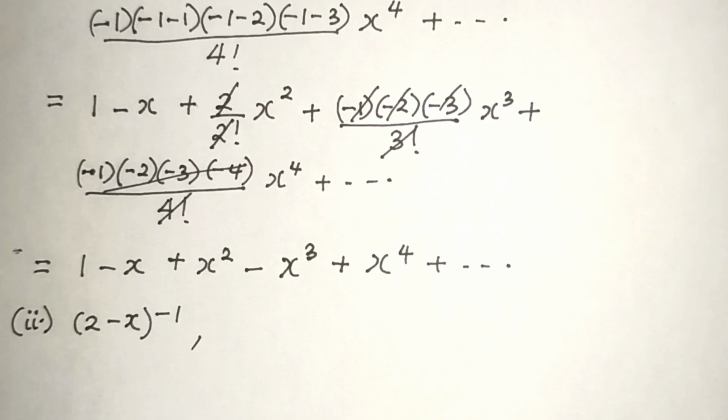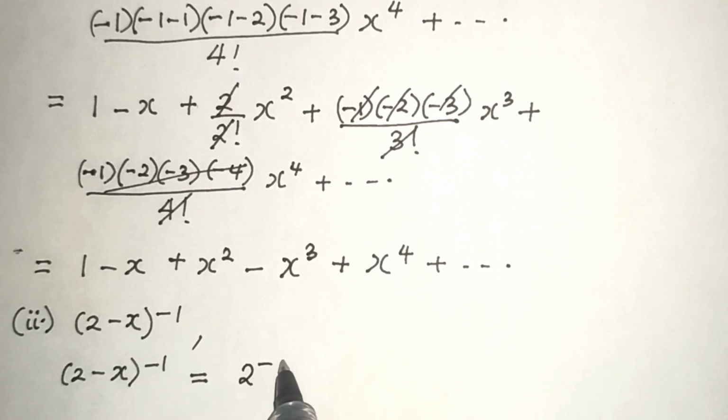We can write it as (2 minus x) raised to the power minus 1 is equal to 2 to the power minus 1 into (1 minus x over 2) raised to the power minus 1.